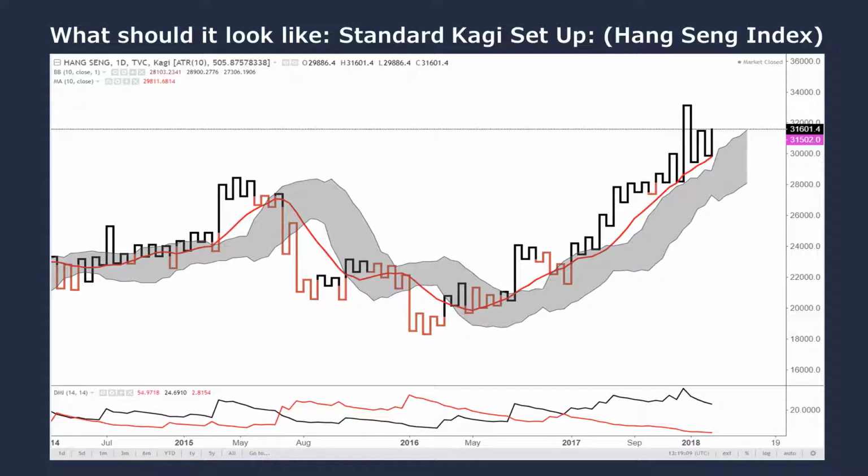This is a basic simple strategy. So what we'll look for in the chart is our signals now, and let's pick an easy one to start with. 2017, beginning of the year, the DMI has gone from black to red, so we're in a bullish situation. Then we've got the Kagi lines changing from red to black, so that's gone bullish.